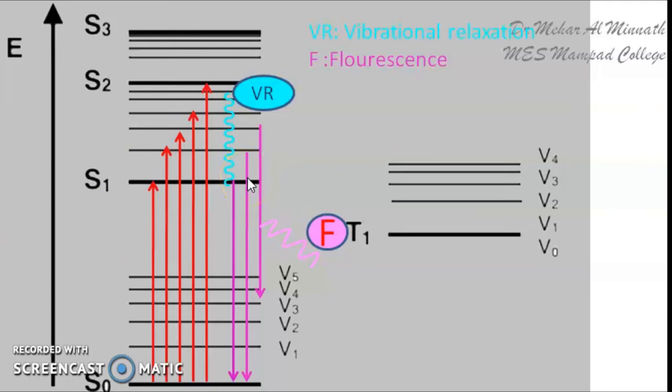Now, another possibility of relaxation is... And now from here, one more thing I forgot to mention to you. If ever the electrons or the molecule are coming down to the higher vibrational level of the ground state, then it will undergo vibrational relaxation from the higher vibrational energy level to the lowest vibrational energy level of the ground state.